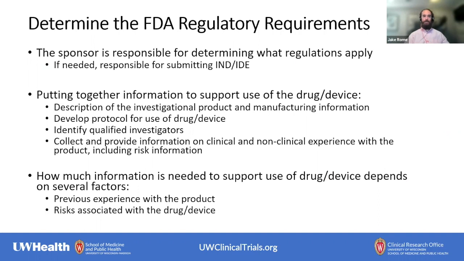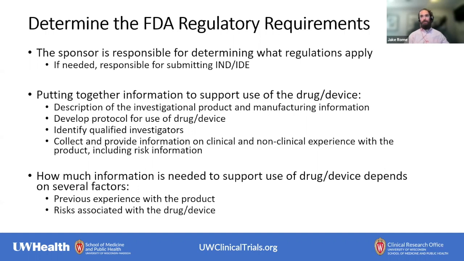If you're a sponsor, you're responsible for determining what regulations apply, and that's what we just spent the last 40 minutes talking about. You're also responsible for putting together information to support the use of the drug or device. How much information you need to put together is going to depend on whether or not you need to submit something to the FDA.